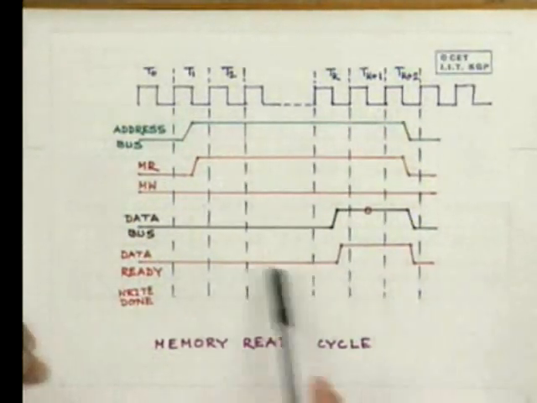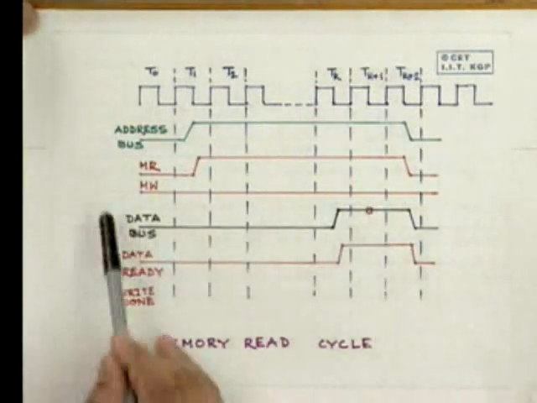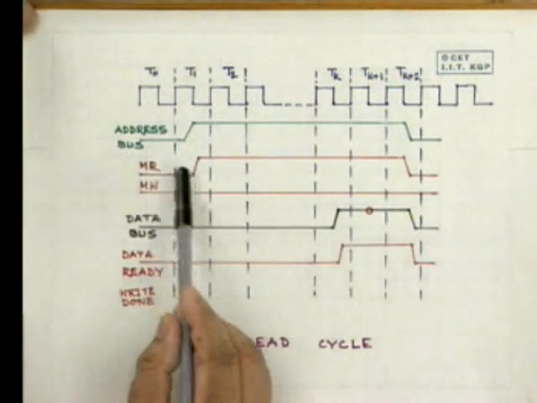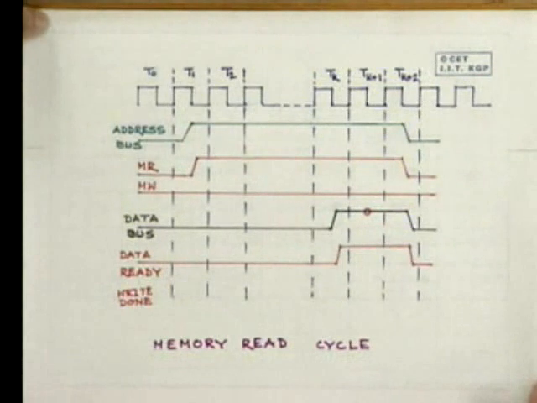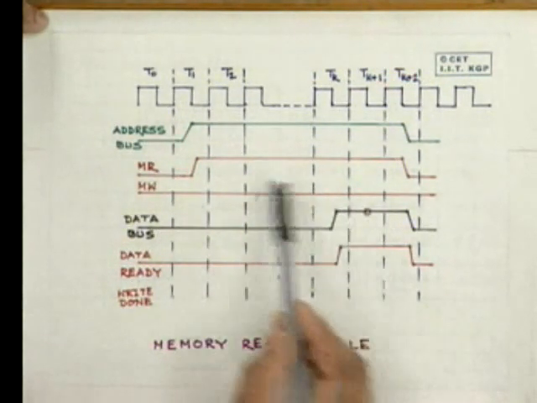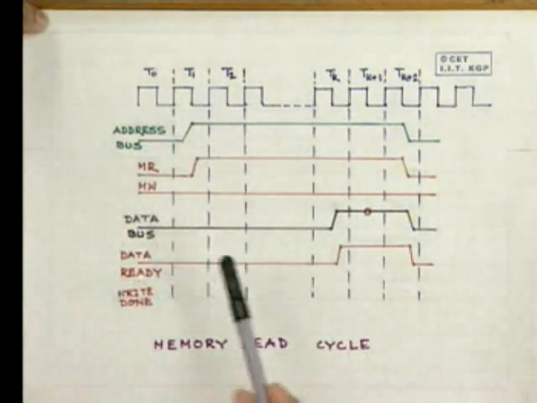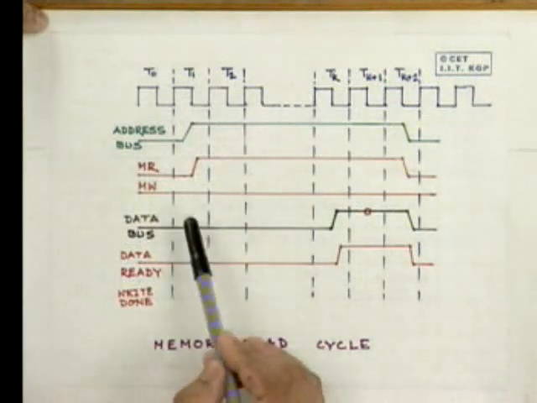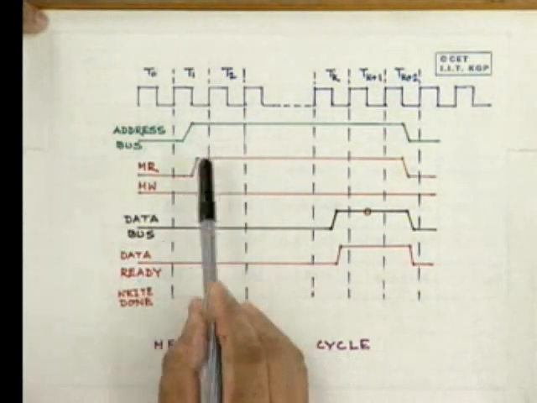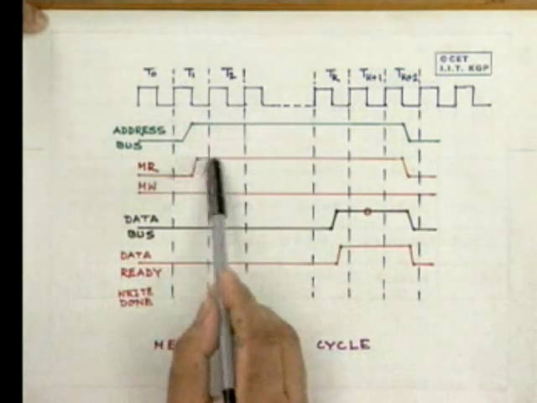Say that if we have to make an access and the memory is slow, for example the CPU wants to read something from the main memory, as the slide showed earlier. The address bus is activated, the memory read is activated, the address bus carries the address, and the control bus carries the memory read signal.